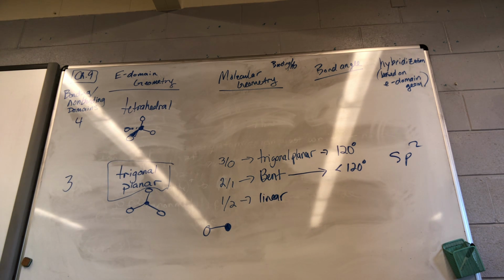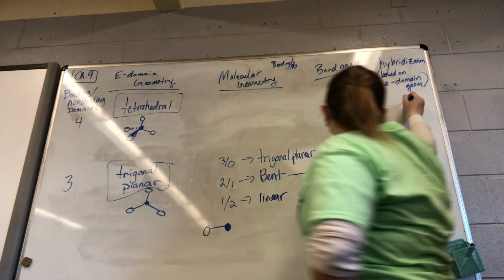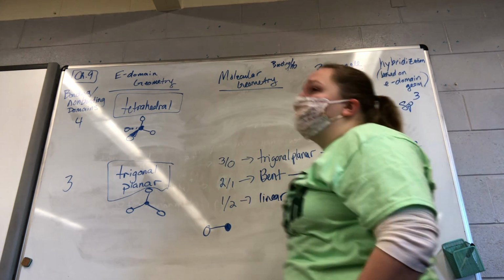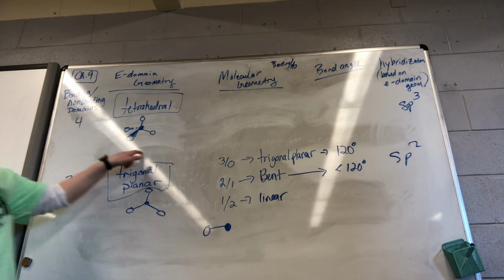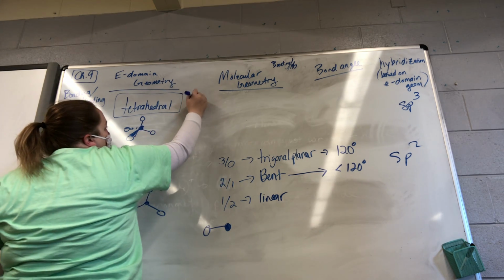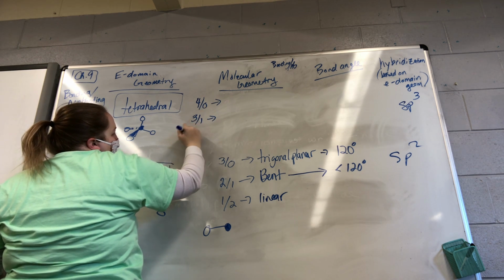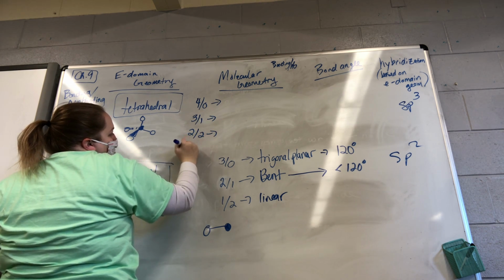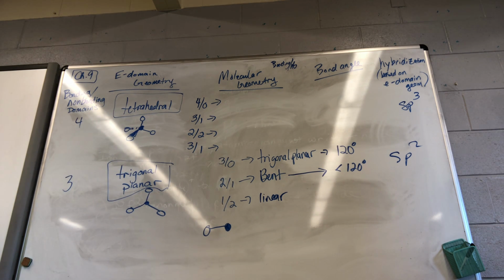Tetrahedral means it has 4 things bound to it, whether they are pairs or atoms. The electron domain geometry is going to be tetrahedral. The hybridization of a tetrahedral molecule will always be sp3. From there, we can identify the molecular geometries. When all 4 things are actually bonded, what is the molecular geometry?